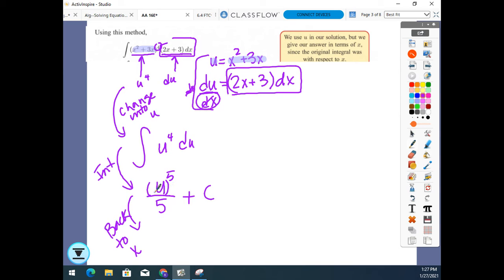So what is u again? Come back up here. u is x squared plus 3x. Everything else stays the same. So your goal is to substitute to make it an easy integration, do the integration, and sub x back in.